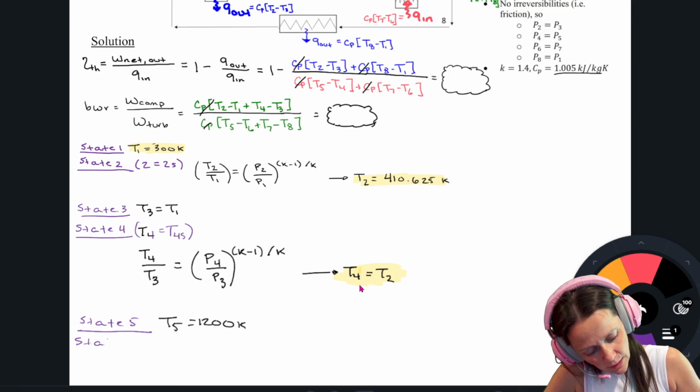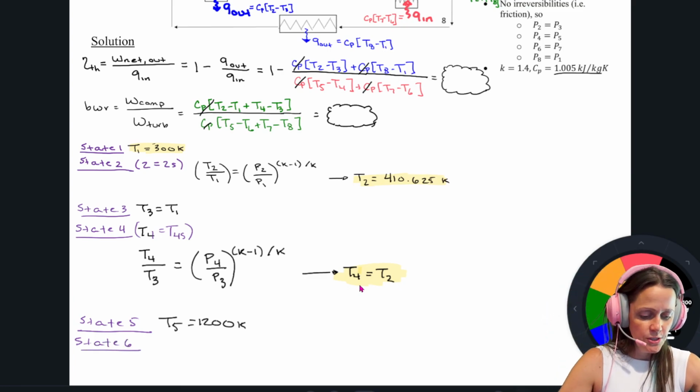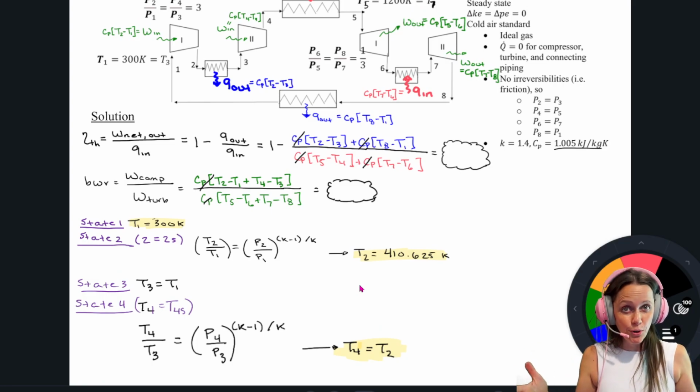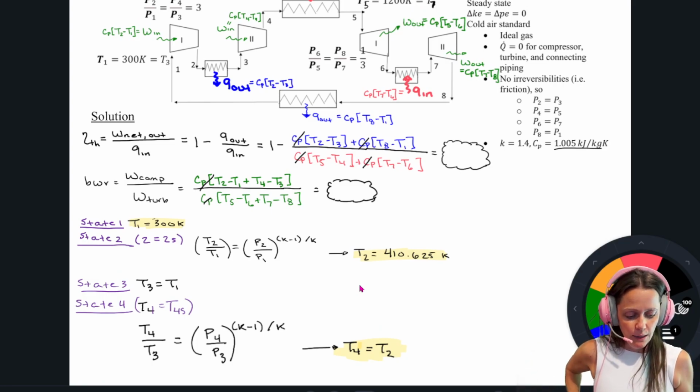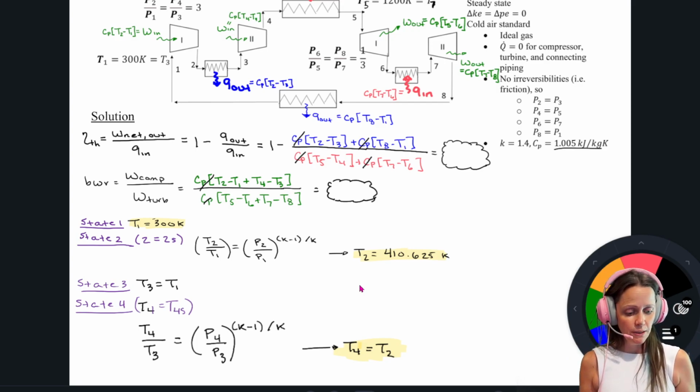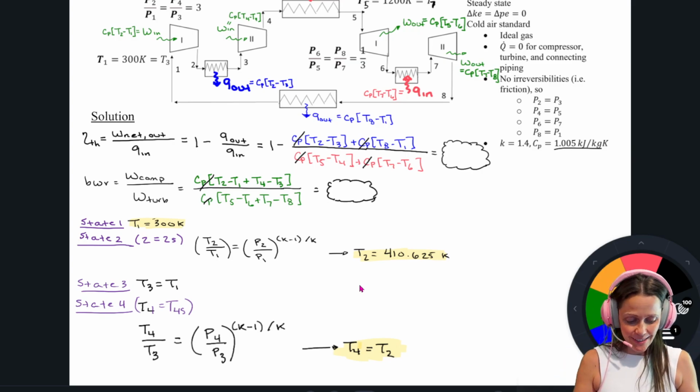State 6. State 6 is after that first expansion process in the turbine. And again, they told us that those turbines operate isentropically. So when I apply my isentropic relationship and solve for T6S, that is T6.